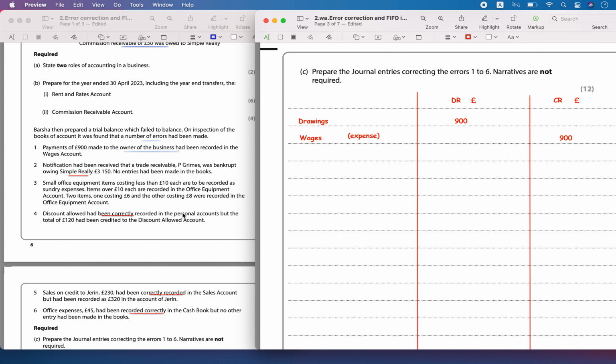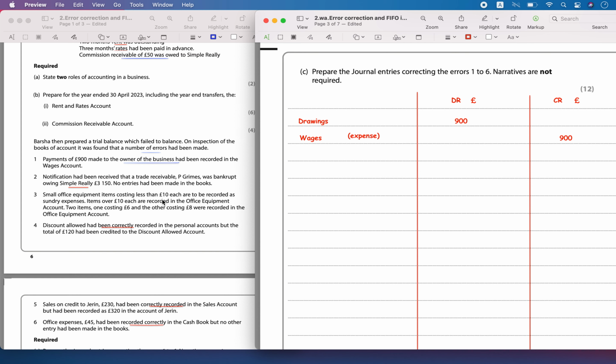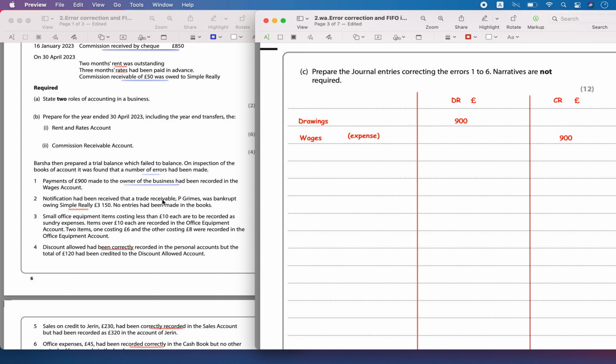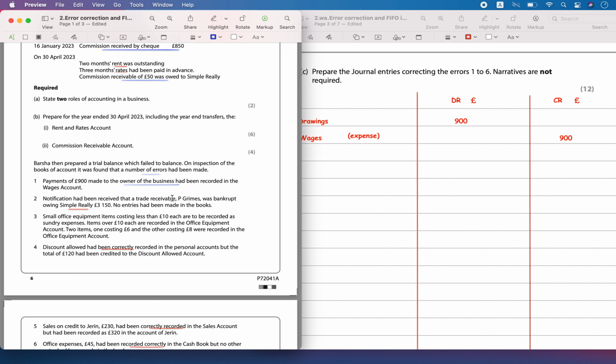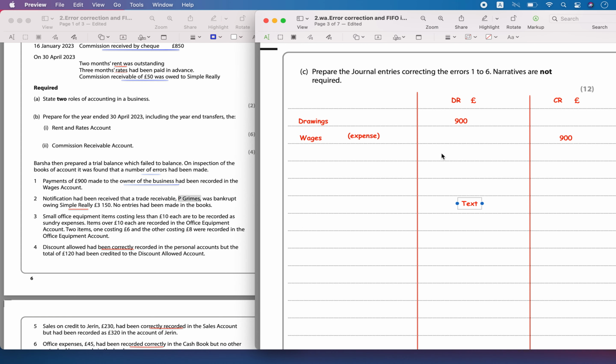Then the second one: notification had been received that a trade receivable, P. Grims, was bankrupt, owing 3,150. No entries had been made in the books. So P. Grims is one of the accounts that will get affected.